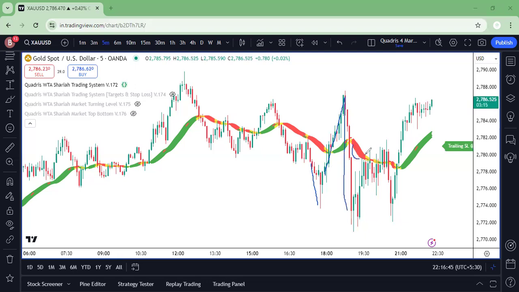There is no high volume pullback, but here you can see there is a high volume pullback at this particular price level, which corresponds to this particular level.